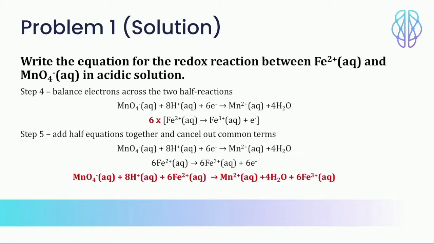What I do is I look across our two half reactions and have a look for our common terms. So right now we have 6 and 6 electrons. Here it's on the product side versus on the reactants over here, so that's going to cancel out. As well, I'm looking for if there's any water I can cancel out, which there isn't, as well as our hydrogens that I can cancel out, but it doesn't look like I can cancel any of those out.